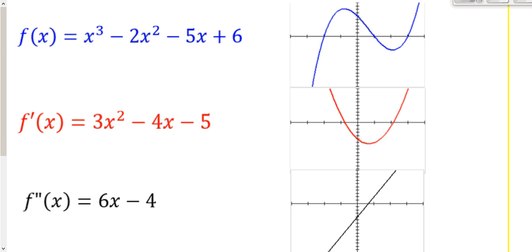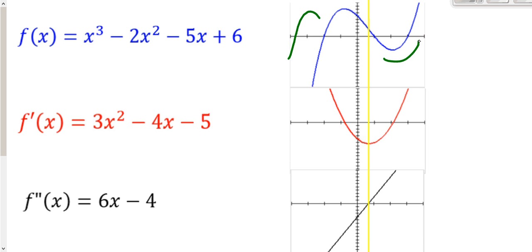Take a look at the graph of f of x, the original function. Do you notice where it is concave down? Do you notice that if I put this line in place right about here-ish, it changes from being concave down to being concave up? Do you notice that? Now, what's happening with the first derivative?